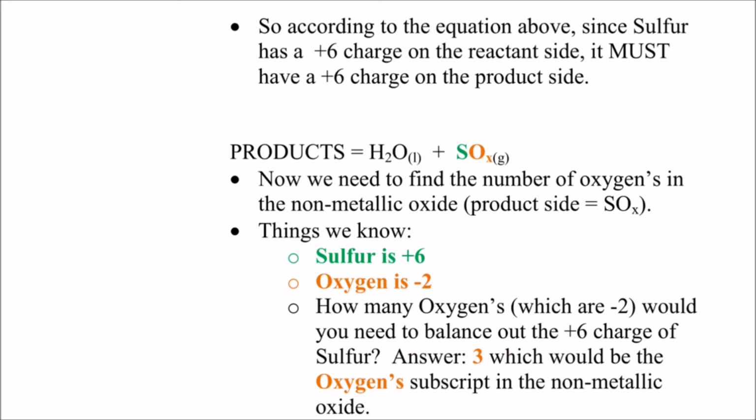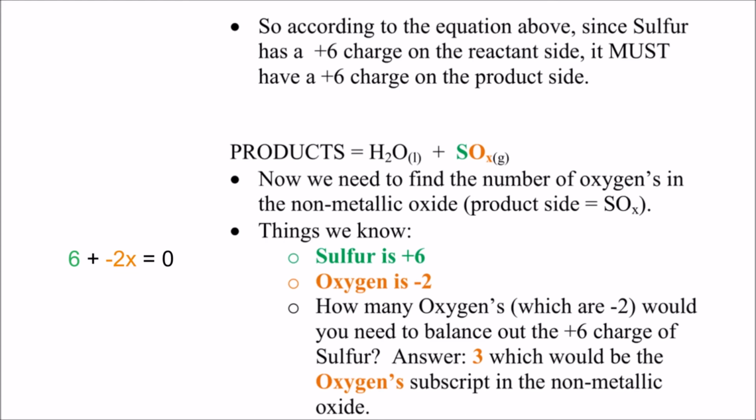The answer is 3. There has to be 3 oxygens in order for them to balance. Or we could do just a little bit more math. We know that the sulfur is the +6. We know that oxygen has a -2 charge and we're trying to figure out how many oxygens, that's this X right here, and that it all has to add up to be 0.